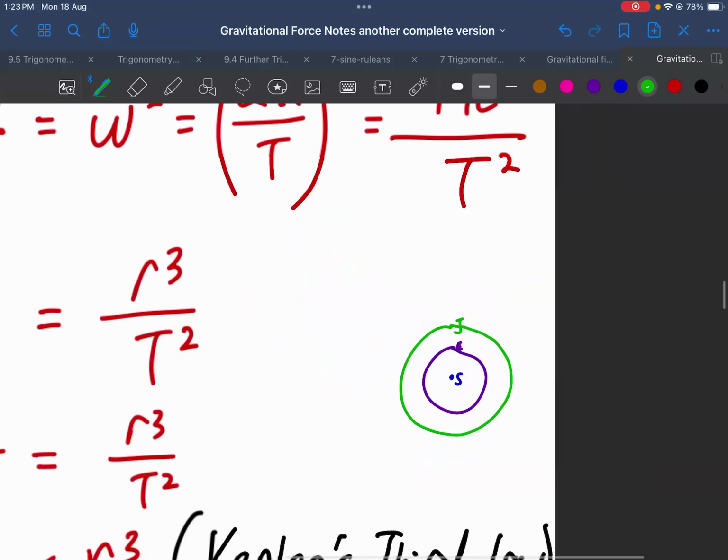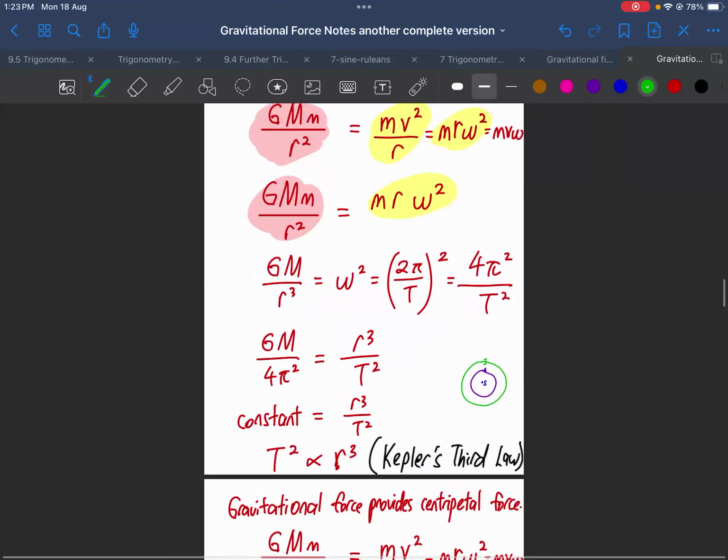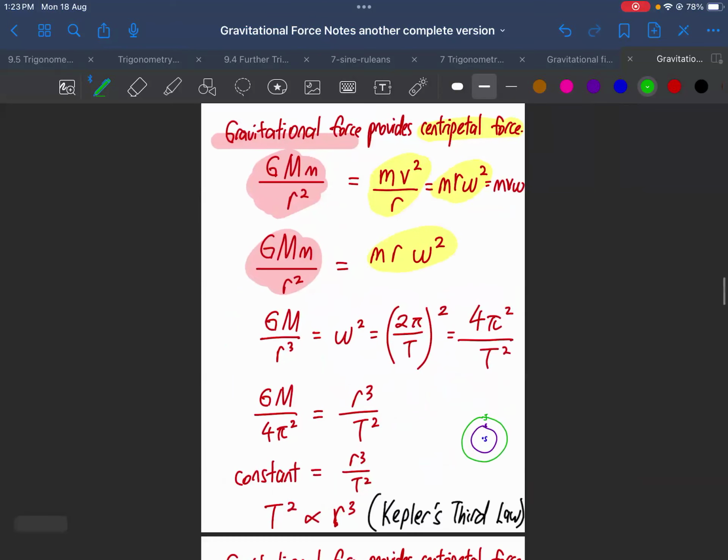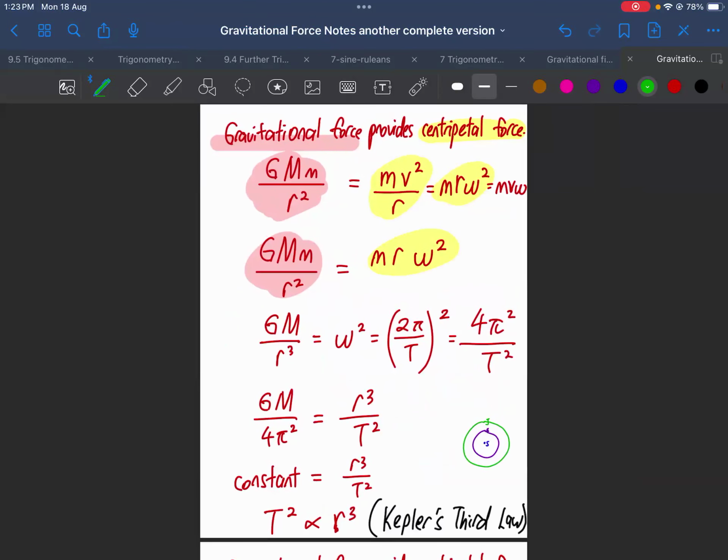In order to answer that in physics, we are going to use some formulas. You know that gravitational force is GMm over r squared, because that is Newton's law of gravitation. And you know that this gravitational force is the same as the centripetal force.